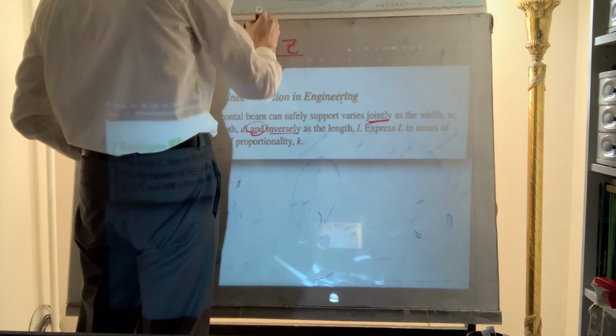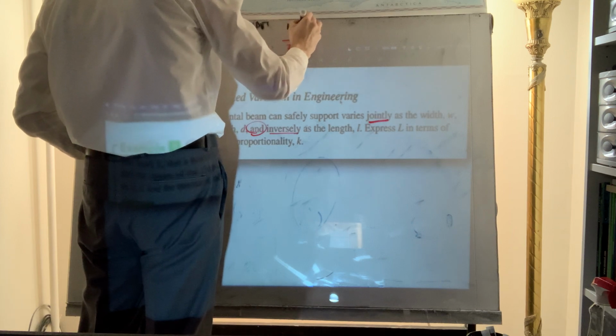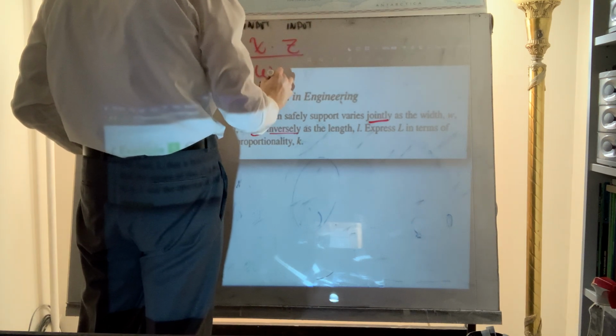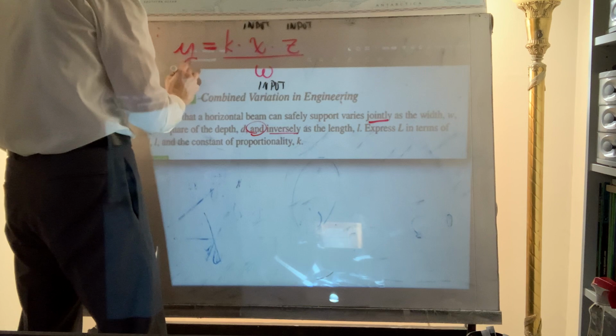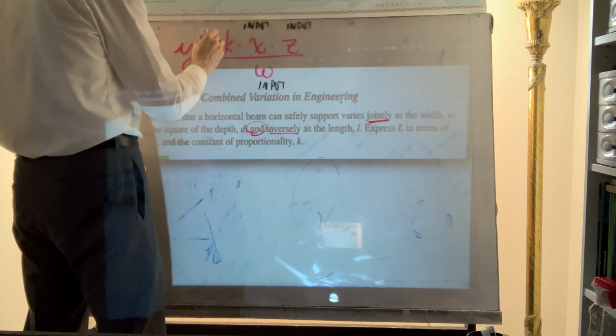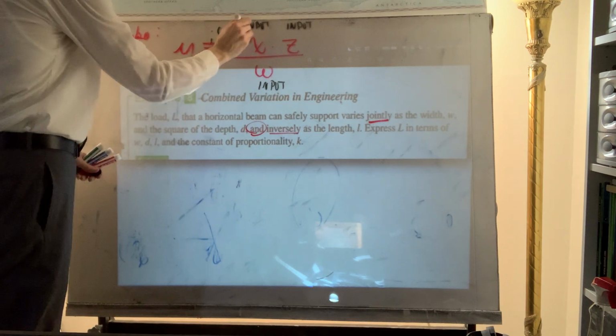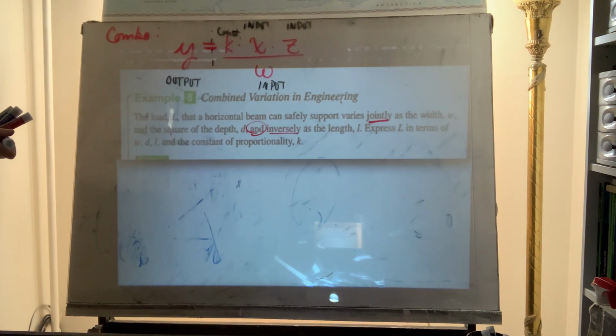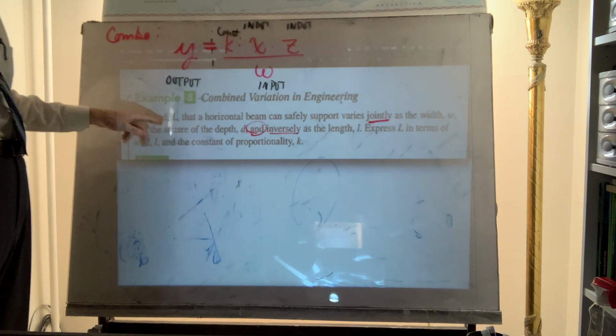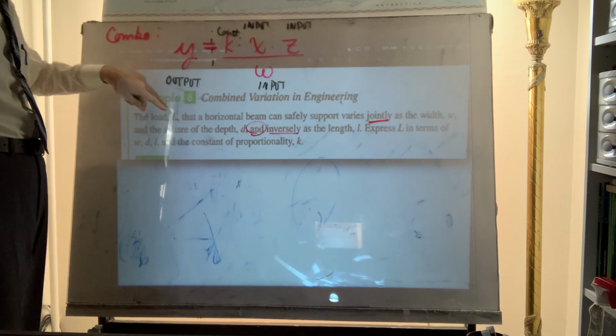Input, input, input, and this is an output. It's another way of thinking about it. And that's the constant. Okay. Now, we're going to tweak it again to acclimate to this particular problem.